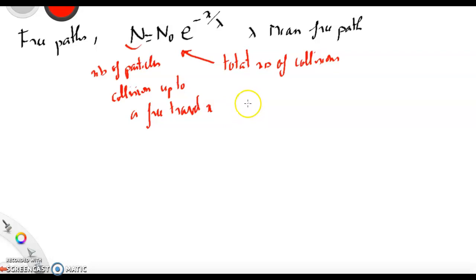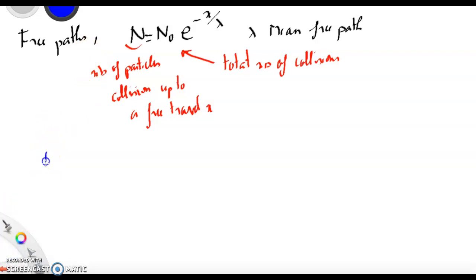Now, what could I make of that? After all, I'm saying it's a number of particles. But I could think also of it as a number of collisions for a free path of x. So if the total number of collisions is n0, n is the number of collisions after a distance x. So for a free path up to x. In other words, I could interpret things in a different way.